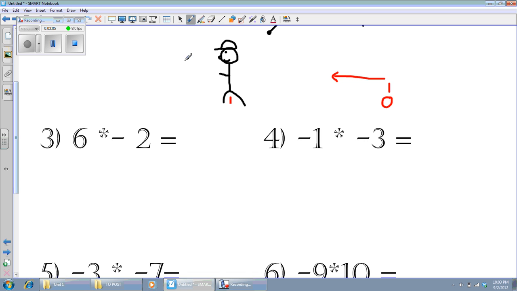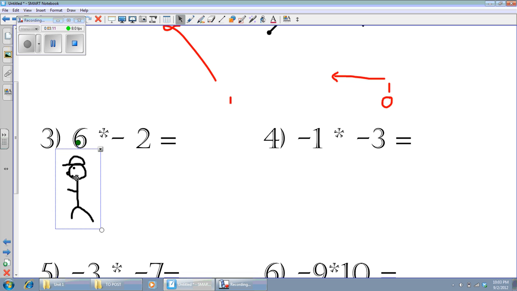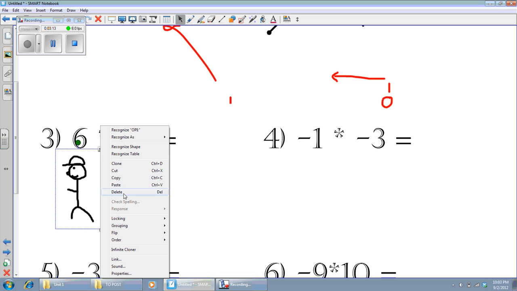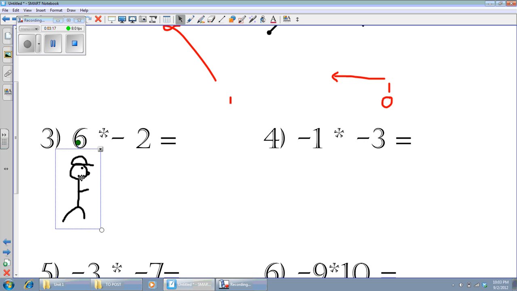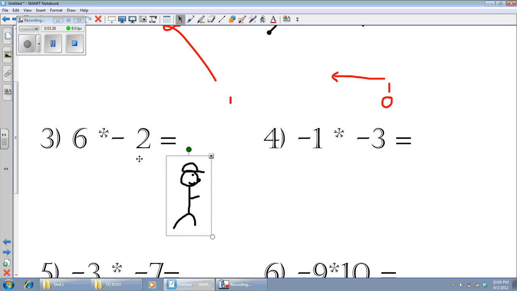All right, number 3, let me get Bobby back here. Whoa, I'm drawing. I didn't mean to. Looks like Bobby's fishing. Okay. Bobby needs to turn around again because the first number is positive, so he's got to face the positive numbers. He's going to move in 6 groups, but he's going to move backwards because the 2 is negative, and he's going to move 2 steps backwards in each of the 6 groups.